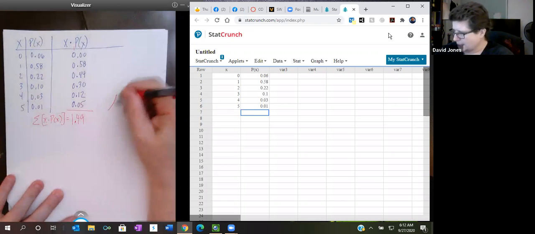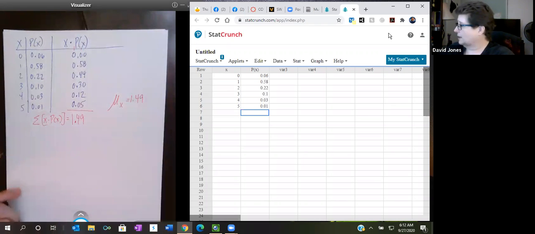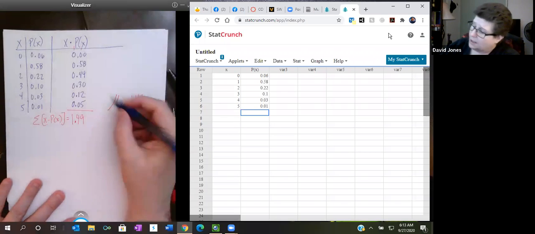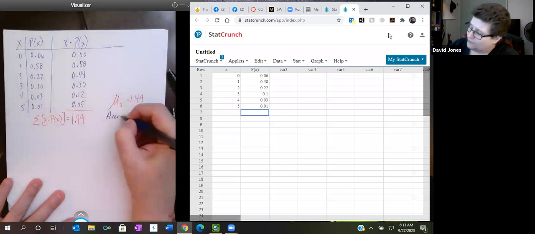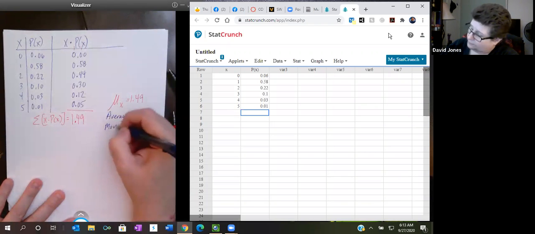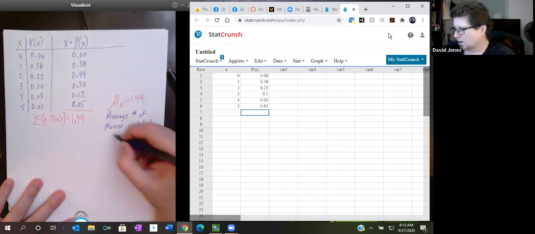So the mean of this is 1.49. What does that mean here for our sample? The average number of movies watched was 1.49.